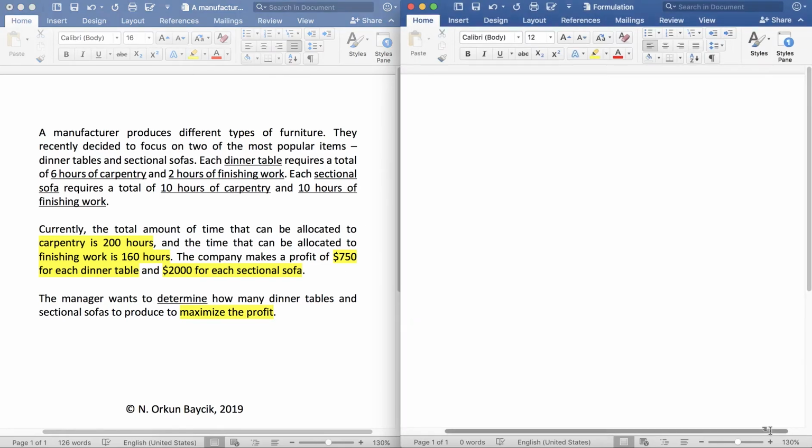So when we talk about a mathematical model, we in general have 4 different components, and those components are the parameters, the constraints, decision variables, and an objective function or objective functions depending on the problem, but we are going to focus on the problems that have only one objective function for now.